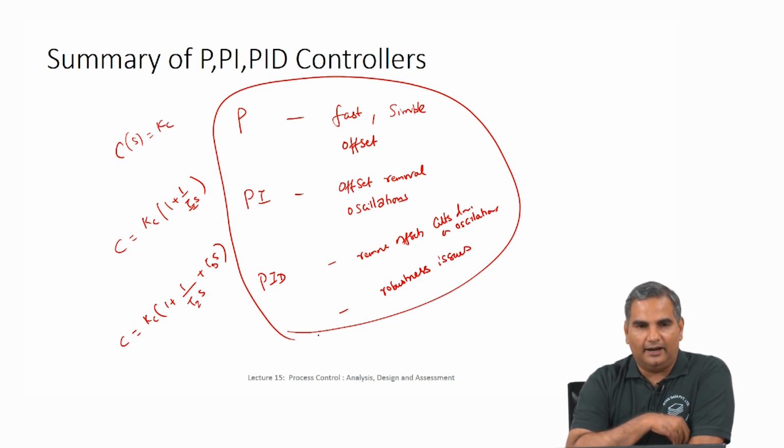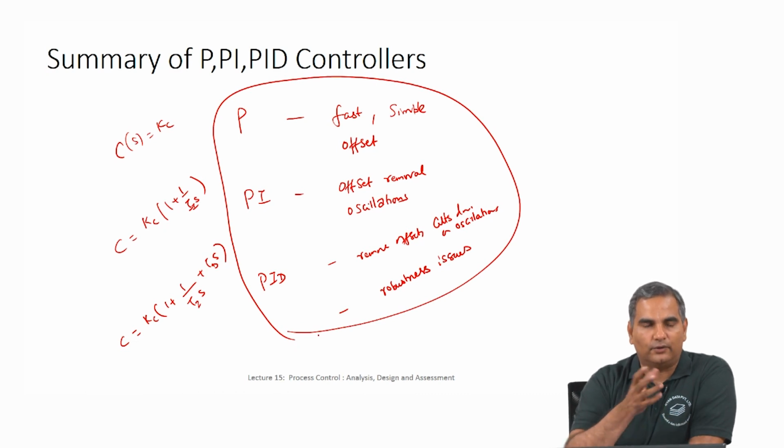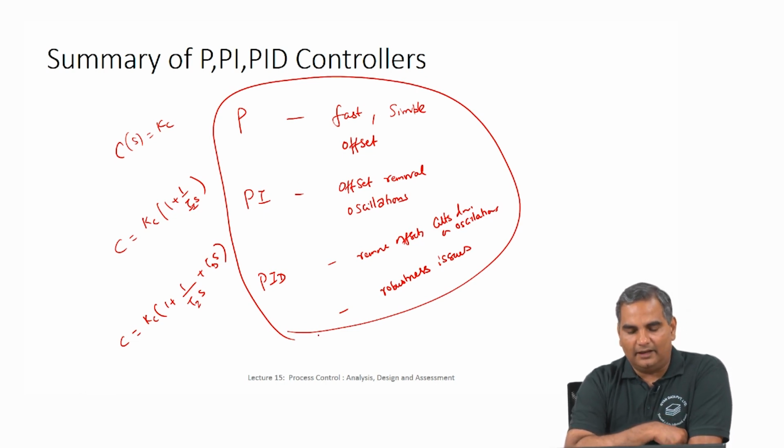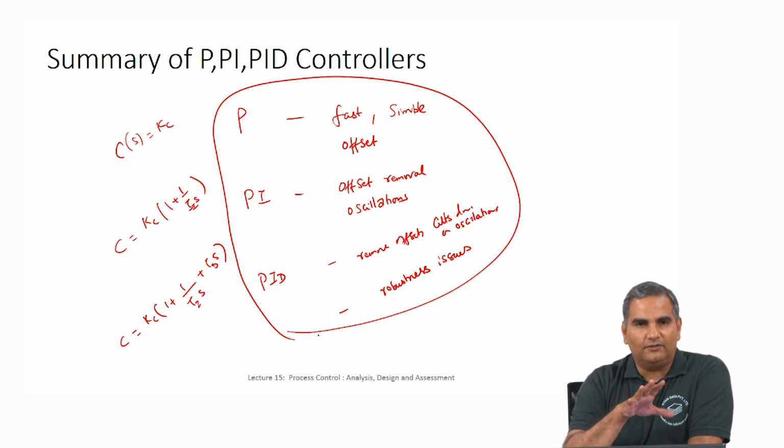All you need to do is derive the corresponding transfer functions, and then all the open loop ideas are directly applicable. And from a stability viewpoint, again it is going to be just the same, because once you get these closed loop transfer functions, you are going to look at the denominator polynomial and see whether the roots are in the right half plane or left half plane, and then you analyze the stability of the closed loop system. So, from a stability viewpoint, the ideas are the same, the only thing is the transfer function you are looking at is different.